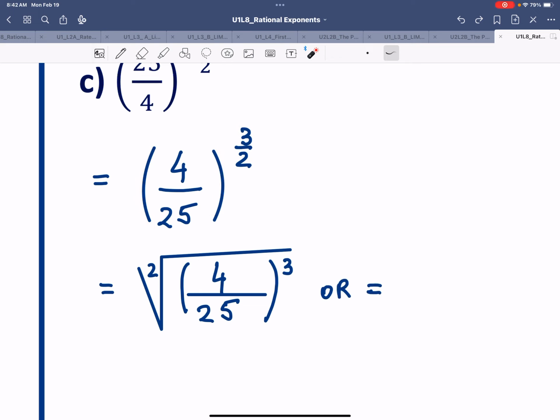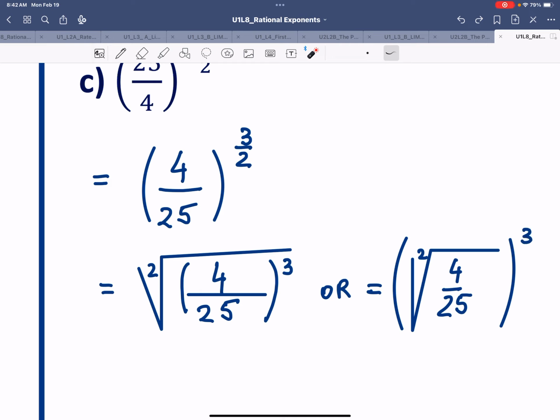So another way of writing this would be the square root of 4 over 25, all of it to the power of 3. So again, as we mentioned in the previous examples, if you keep the power inside the radical or outside it, it doesn't really matter. It is not part of the base, that's why. So it's powers working together, okay?